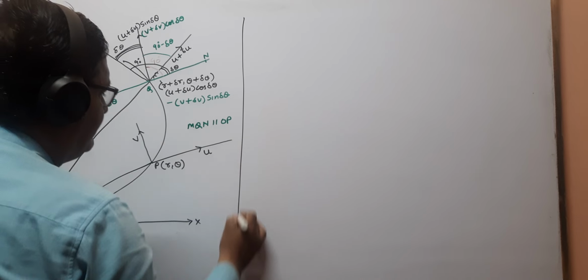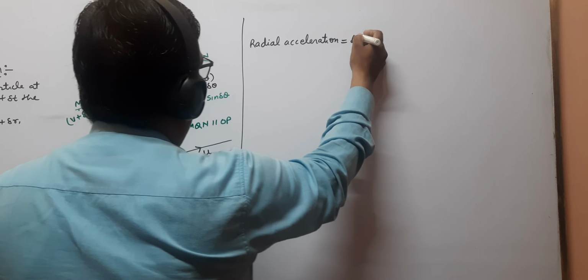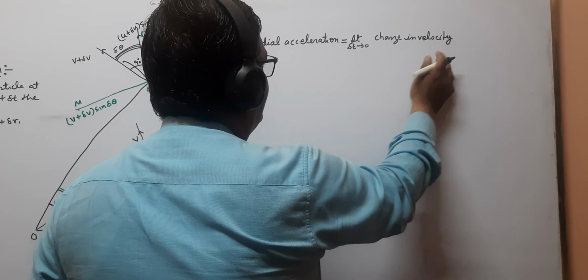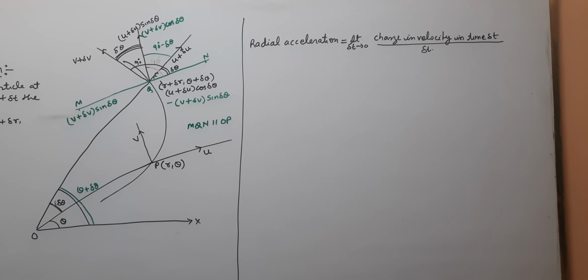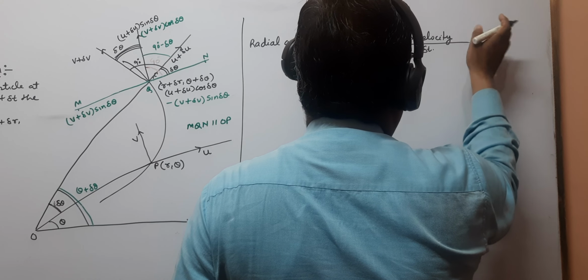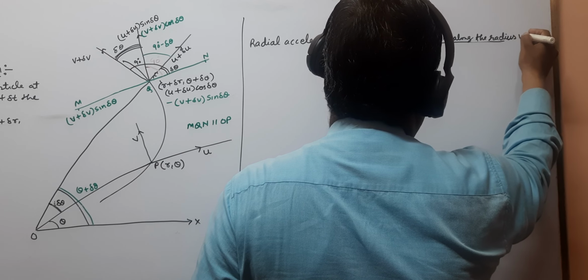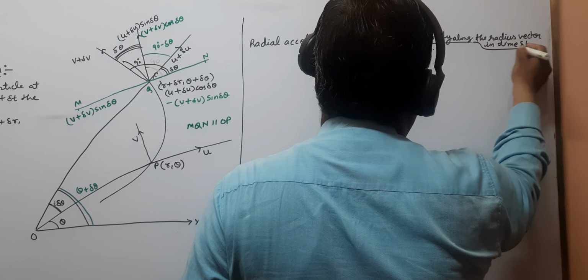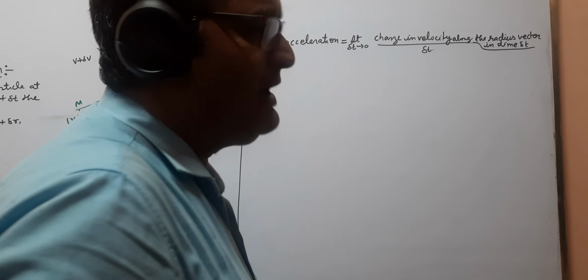So we know that radial acceleration is equal to limit del t tends to 0, change in velocity along the radius vector in time del t divided by del t.